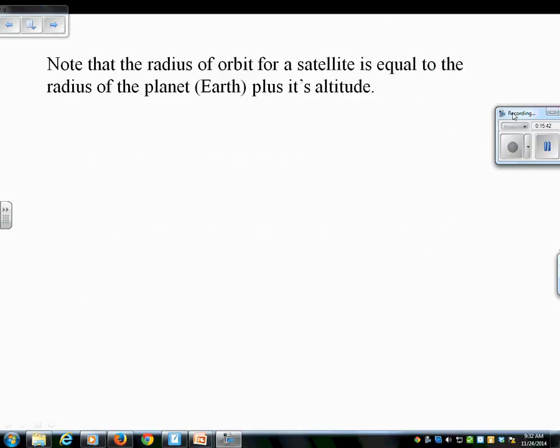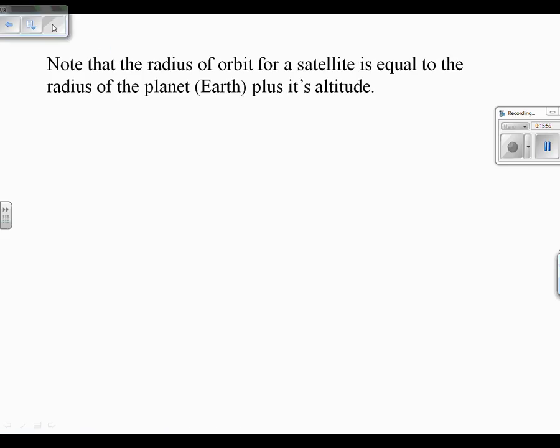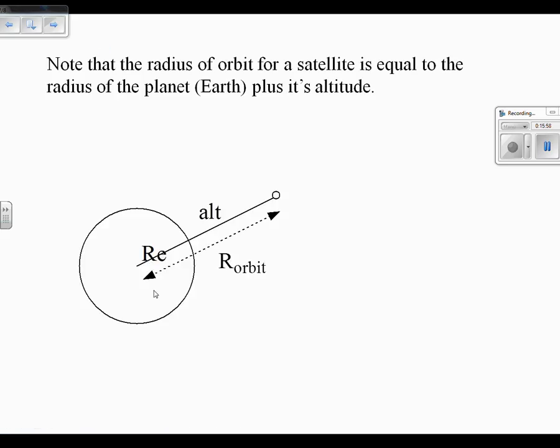You should note that, and this does pop up in the questions, okay? So please make a special note here. The radius of orbit for a satellite is equal to the radius of the planet plus its altitude, okay? So the radius of orbit is the key one here, and it's equal to R_E, the radius of the Earth or whatever planet you happen to be orbiting, plus the altitude.